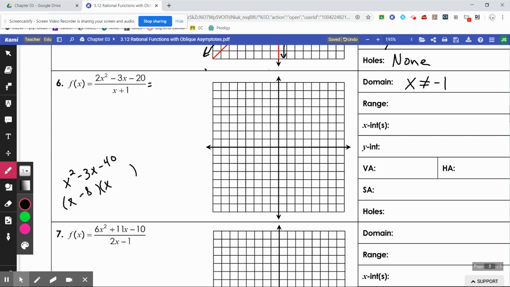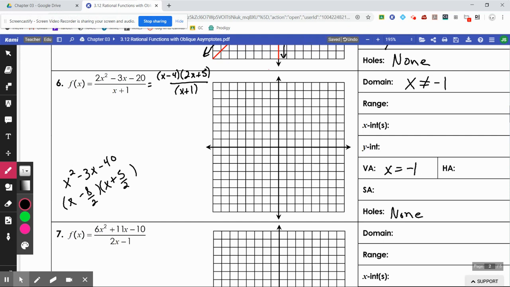That's going to be a negative 8 and a positive 5. You divide by the 2 that you slipped. And that's going to factor the top into x minus 4 times 2x plus 5. The bottom is x plus 1. Since it is not a factor of the top and bottom, there will be no holes. But you will have a vertical asymptote at x equals negative 1.